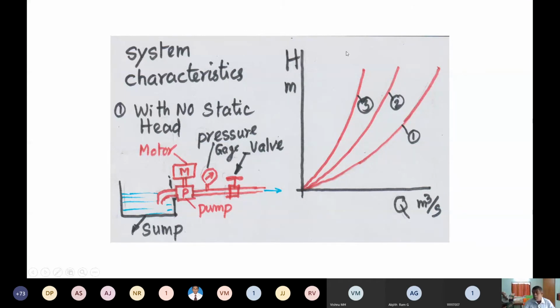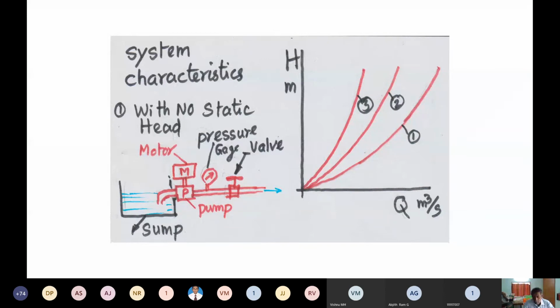Now, I'm going to give you something about the pump system characteristics. The pump will have its own characteristics, the head versus discharge, and the system characteristic is the characteristics of the pumping layout. The pump is always connected to something, to produce pressure or head or velocity.